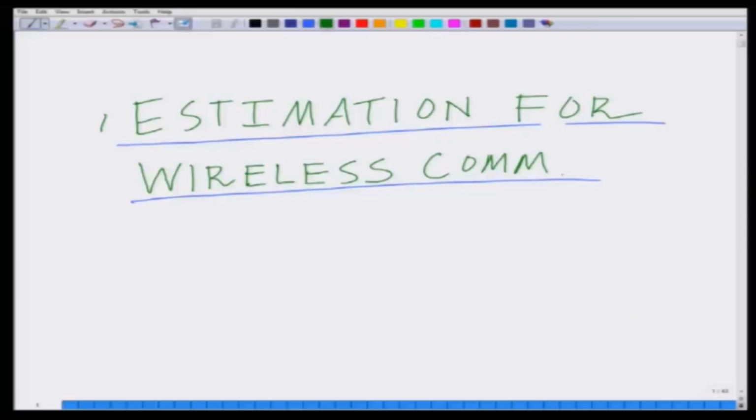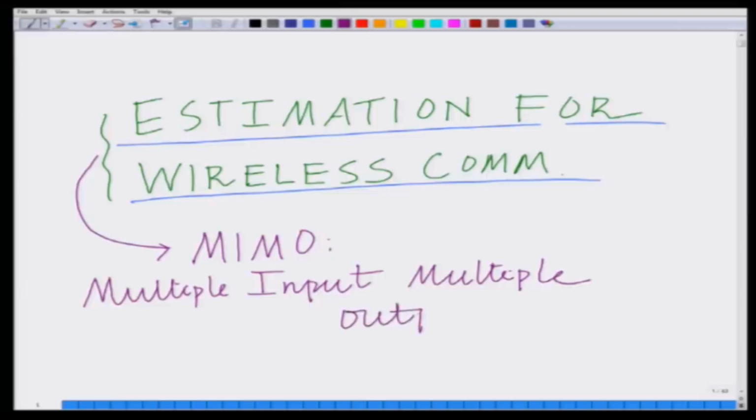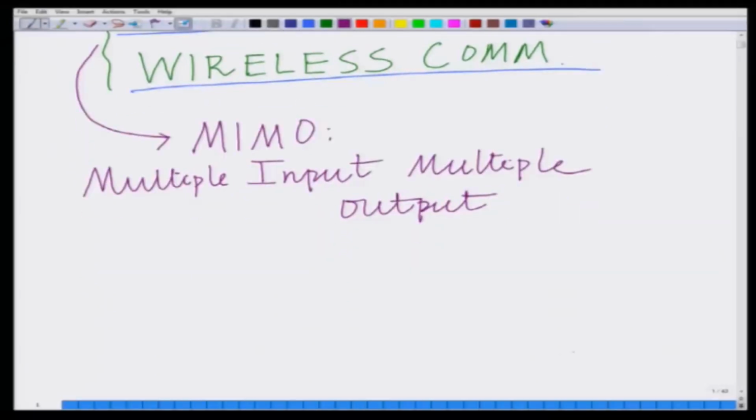Many of you must be familiar with this concept of MIMO, which stands for multiple input multiple output wireless communication systems.